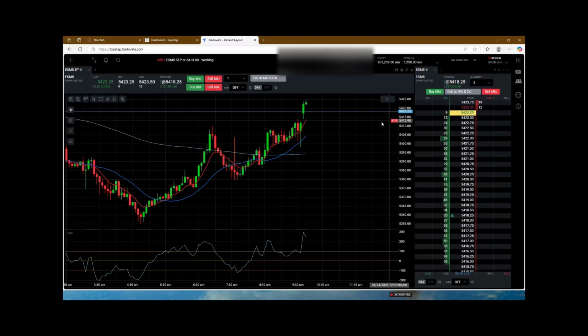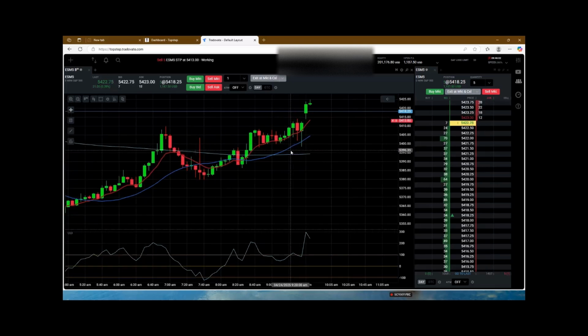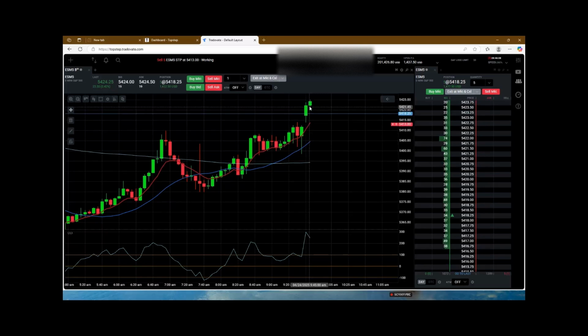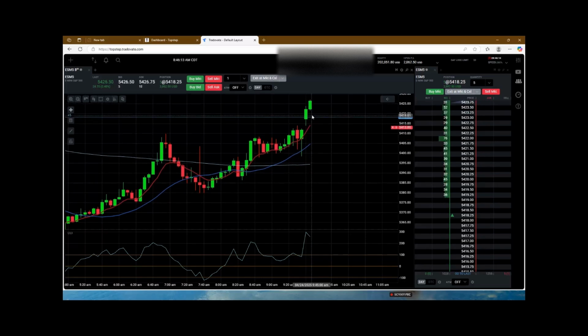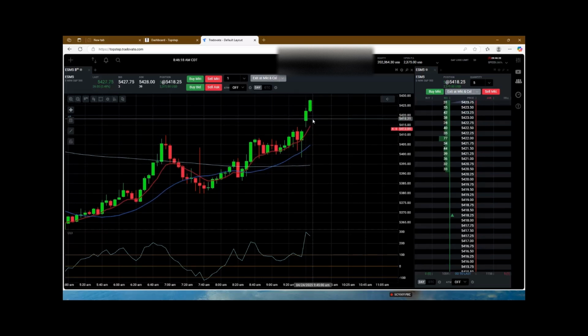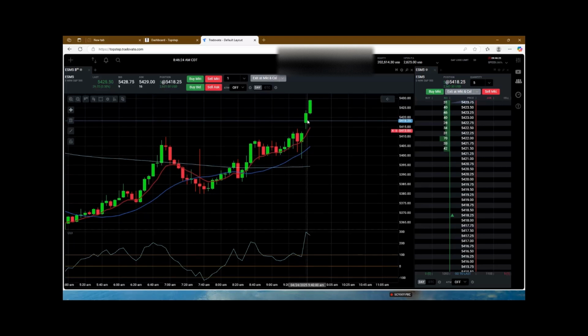So what might happen? We might have a slight pullback into this area. Doesn't seem like it. It's very bullish this morning, guys. So the next step, what I would do is just wait until this candle closes.